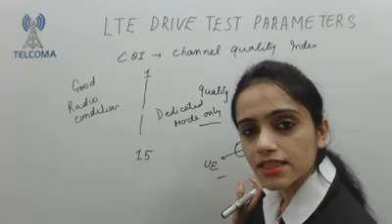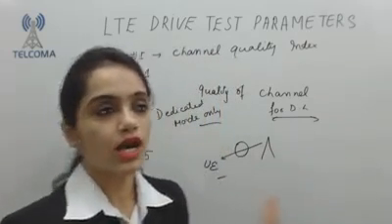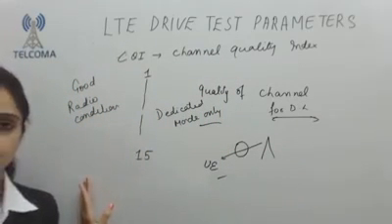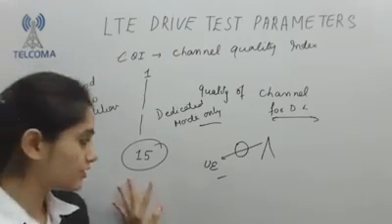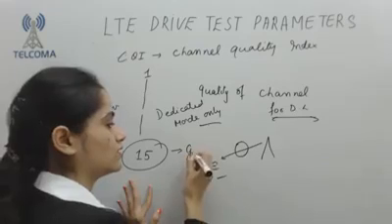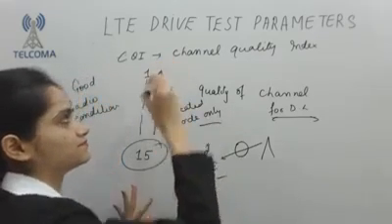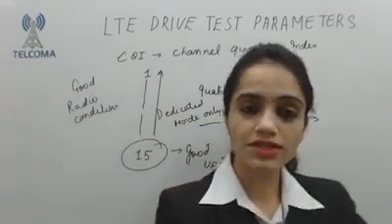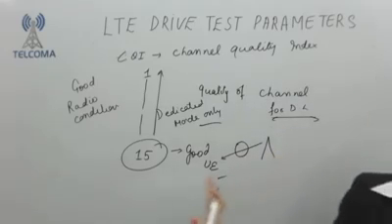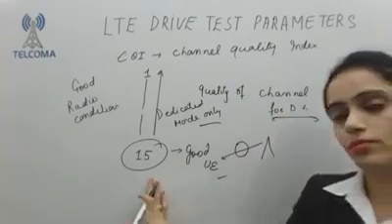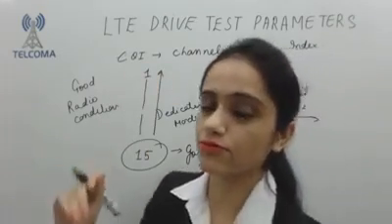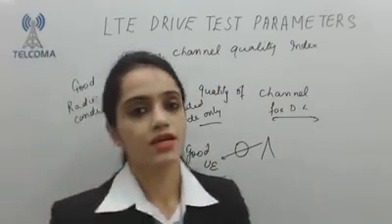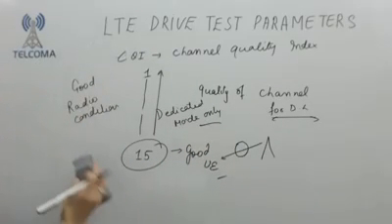That's why channel quality index is measured in dedicated mode only, and it totally depends upon the RF conditions. So if I am receiving a higher CQI, like 15, that means my conditions are good, and it starts decreasing as we move from 15 to 1. So this is our CQI.